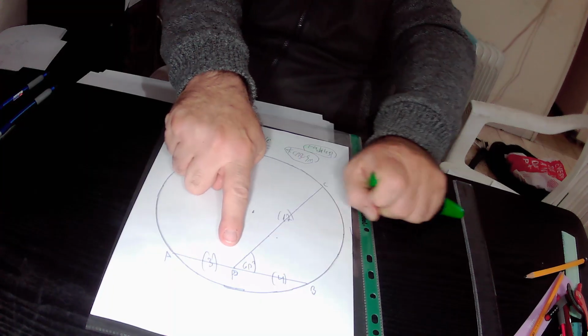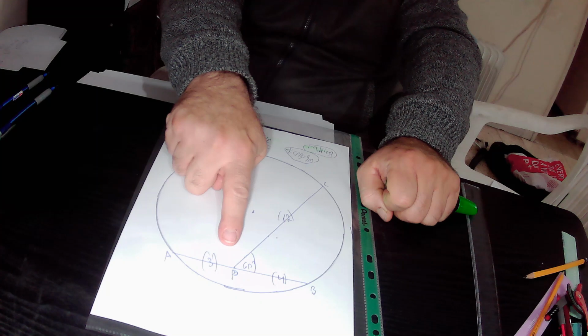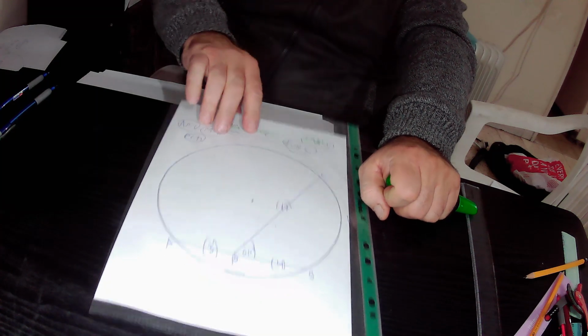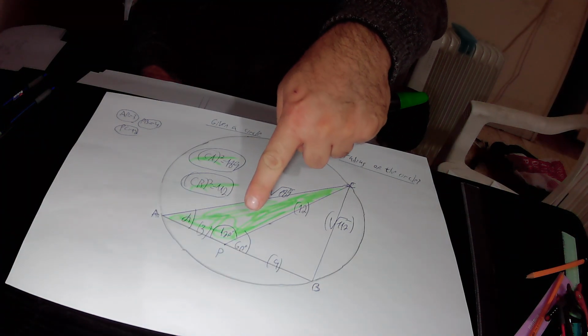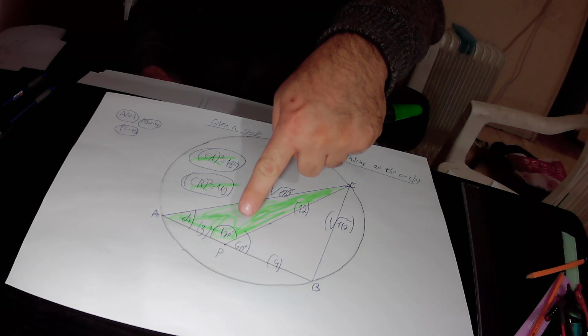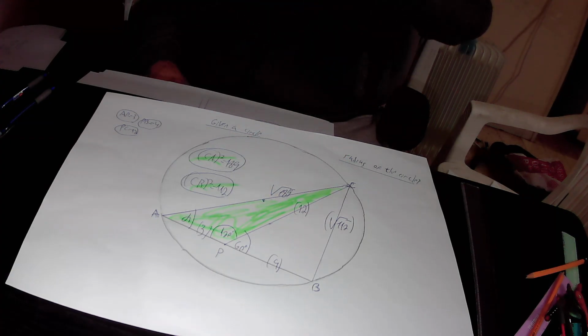Therefore this missing angle APC must be equal to 120 degrees in size.